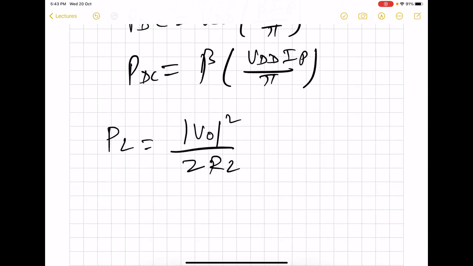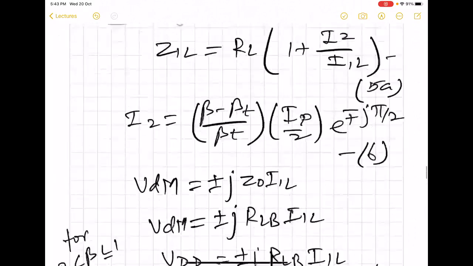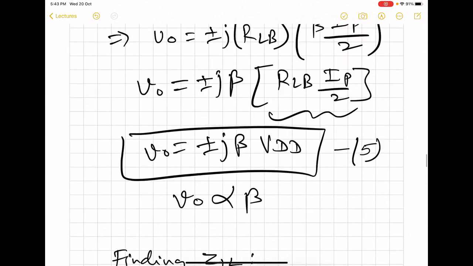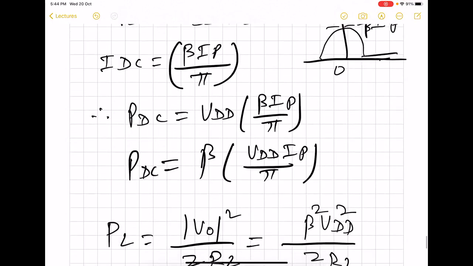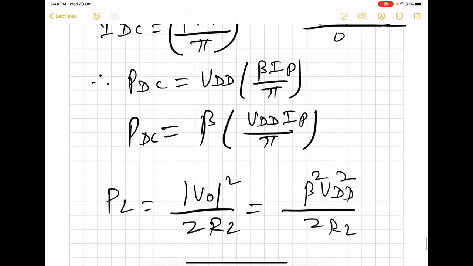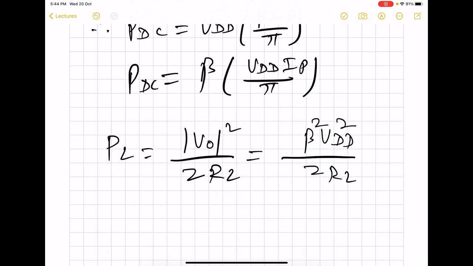And what is VO? VO we have in fact derived here, equation 5. So this VO is beta VDD square by 2RL. But here, in fact, it can also be written in terms of IP, because VO we have also found out to be equal to plus minus J Z naught I1.